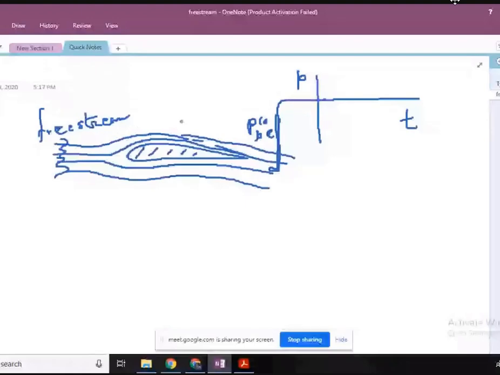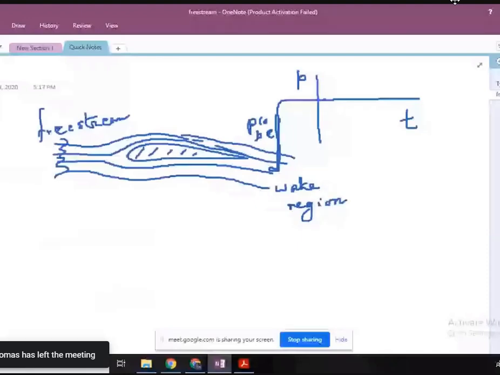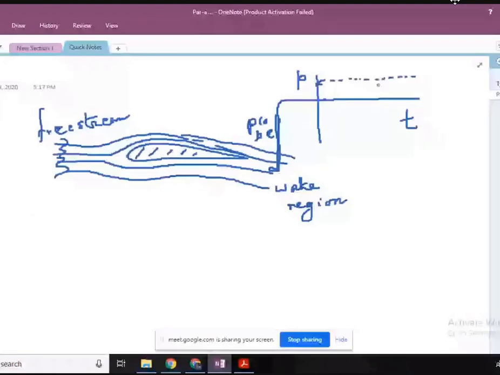Behind the body, you have the wake region, also called the downstream flow region, while the other side is the upstream flow region. Now the probe measures an indication, and for this sort of flow, I have a measurement which is nearly constant over time t. So this is one particular case in which I have a steady flow.